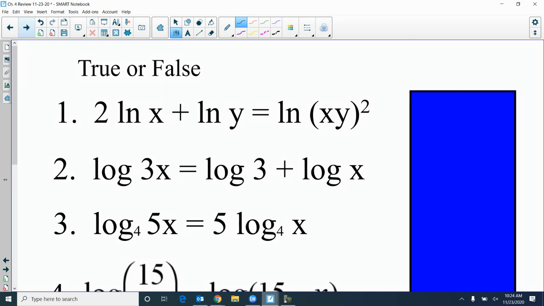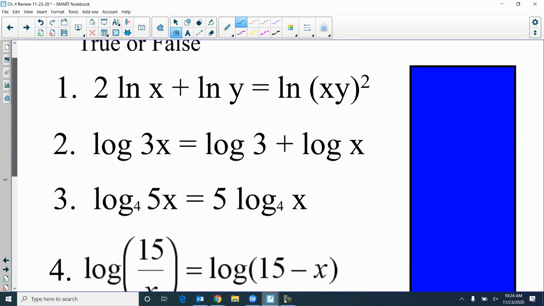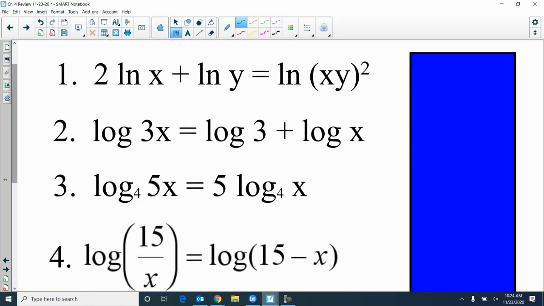All right, everybody loves some good true false problems. So let's see what you come up with. There's 6 of them. I'll move it down here in a second. I'll let you examine it. See what you come up with.